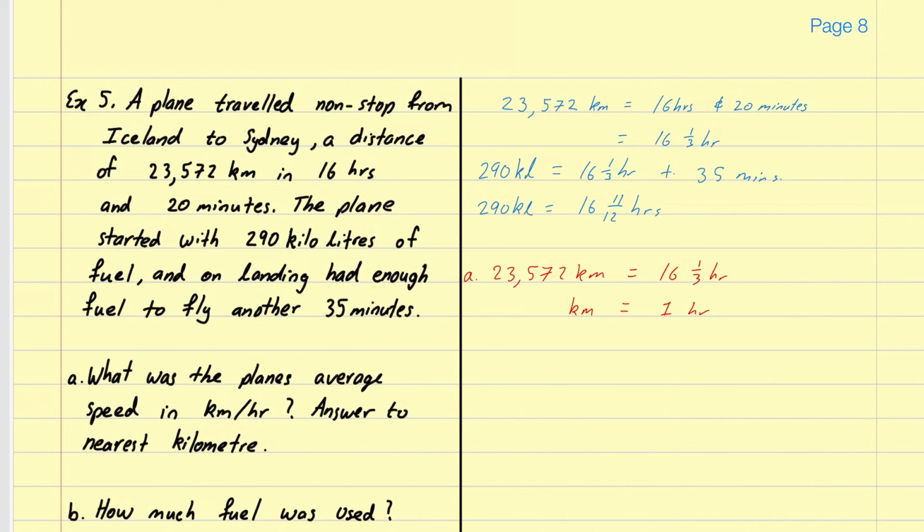Now this is coming back again to the unitary method. If you notice, the 16 and a third has got to come down now to 1 hour, and the way we do that is divide it by itself. So an application of the unitary method. To go from 16 and a third to 1, we divide by 16 and a third, and I need to do the exact same thing to this side over here.